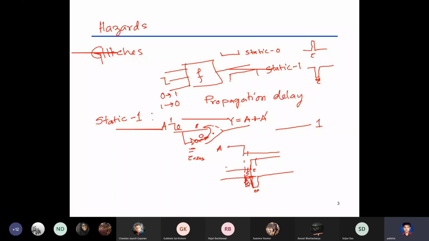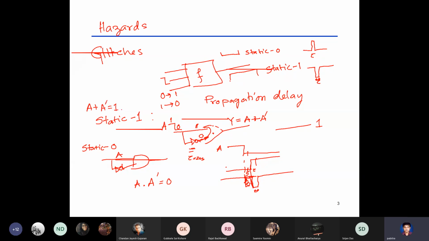Similar thing can happen for static 0. It can happen in this kind of situation. You have A into A bar, which should be equal to 0, and this is A plus A bar, which should be equal to 1.